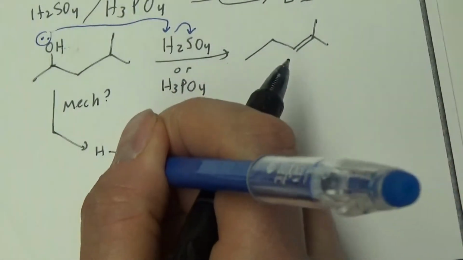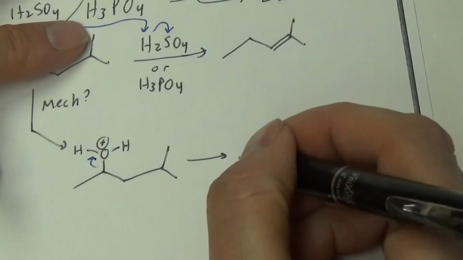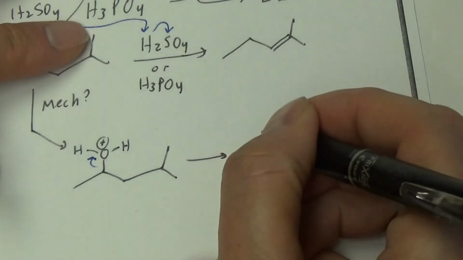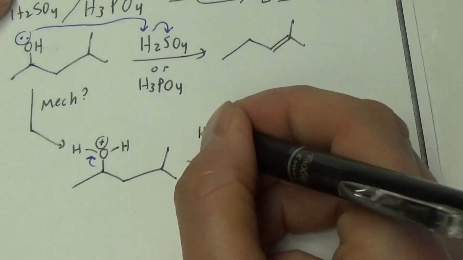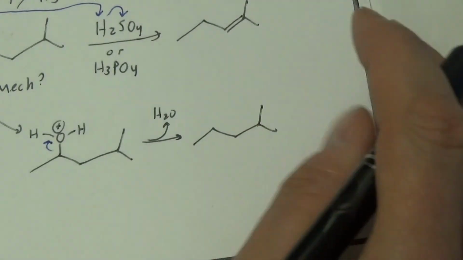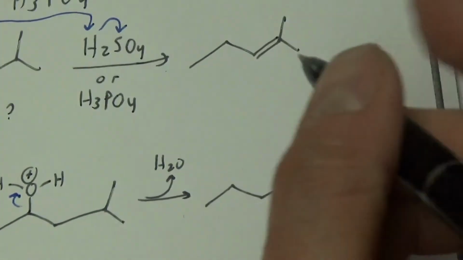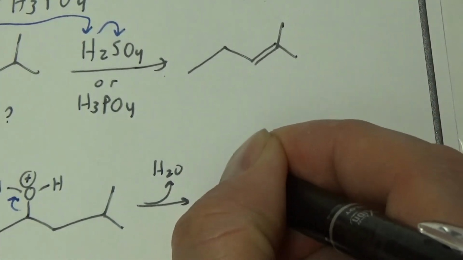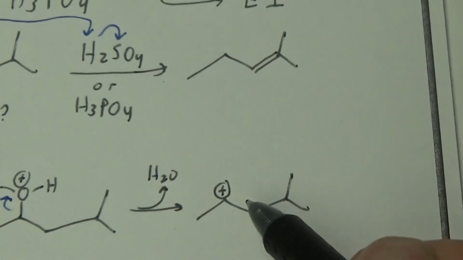It goes away, and water goes away. And what are we left with? When water goes away, we have a carbocation. How do we get from here to there, though?